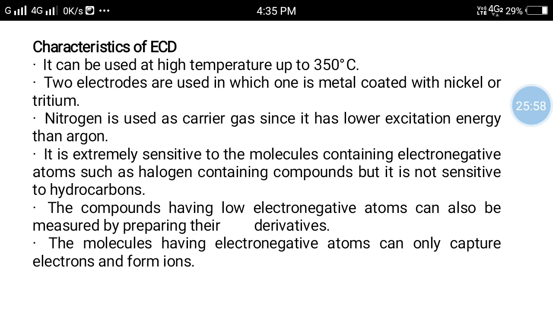It is extremely sensitive to molecules containing electronegative atoms such as halogen containing compounds, but it is not sensitive to hydrocarbons. Compounds having low electronegative atoms can also be measured by preparing their derivatives. Only a molecule having an electronegative atom can capture the electron and form ions.